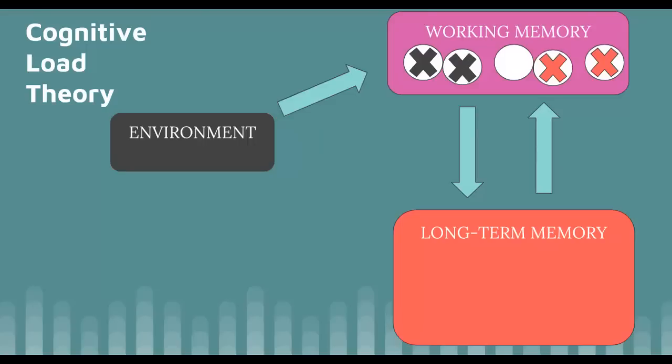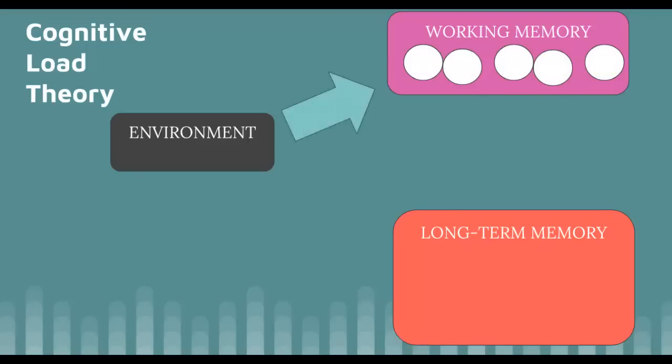So right now, with the 2 black X's and 2 orange X's, we have a nice balance of stimuli. Our working memory has a little bit of spare capacity that you can see up here, signified by this white circle. A little bit of spare capacity to allow it to do some processing. As we start to process information, that information gets passed into the long-term memory store and can potentially get encoded.